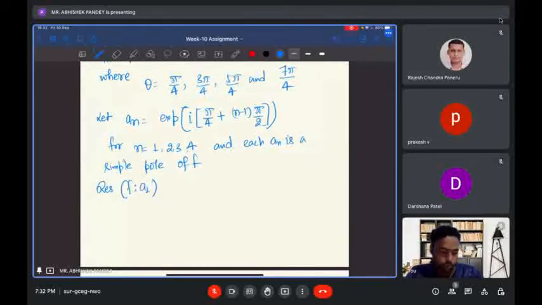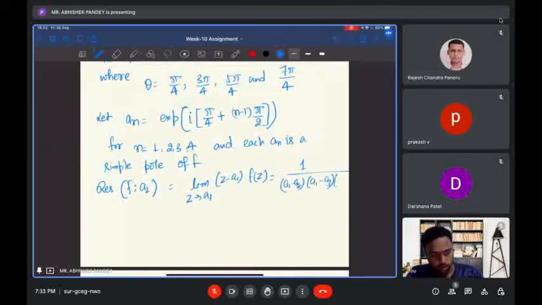Since a1 is a pole, this is the limit of z minus a1 into f of z, and this is nothing but 1 upon a1 minus a2, a1 minus a3, and a1 minus a4.